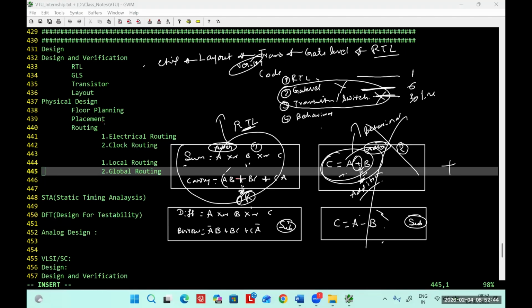Now what is this? A into B. Is it logical? No. Logical what? AND. And now C equal to AB. What is this? Multiplication. Correct.